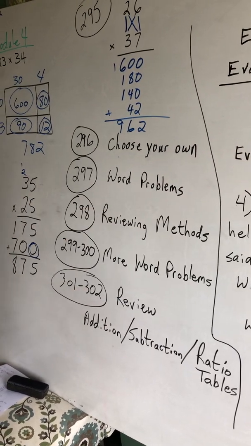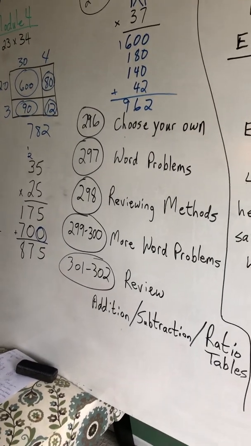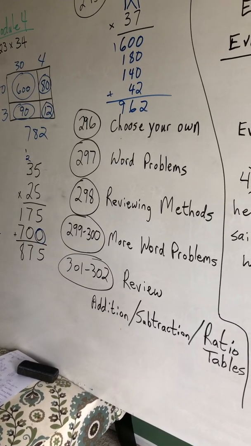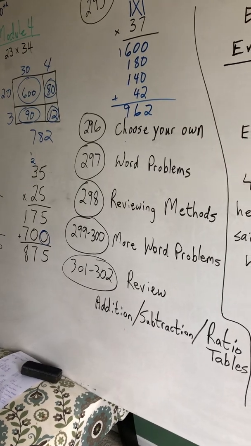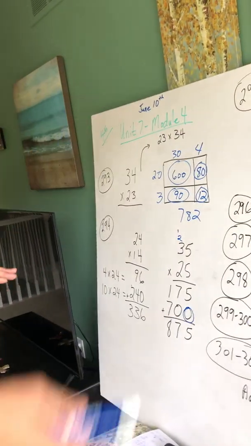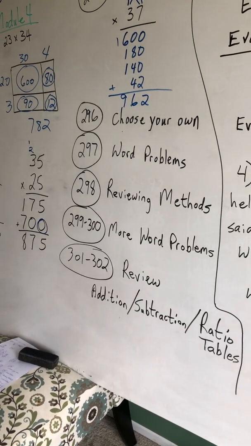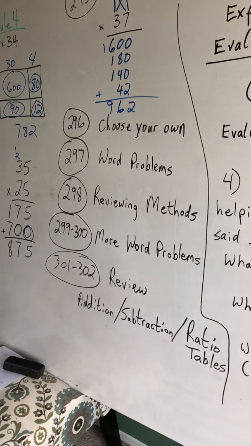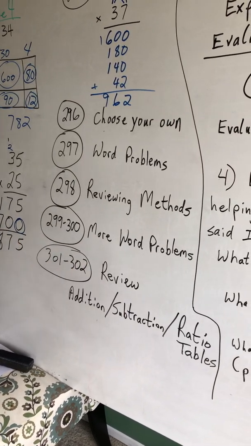297 is some word problems that are basically doing all this multiplication like you did before, but inside story problems, okay? On 298, you're reviewing all these methods. They give you a bunch of different problems and they tell you which method to try. So you're gonna try all these methods again on page 298. 299 and 300 are more word problems.